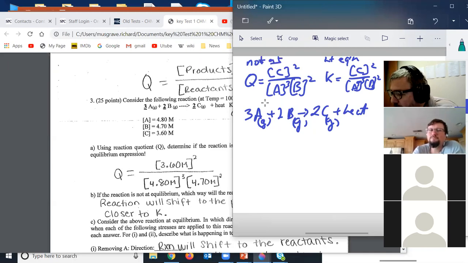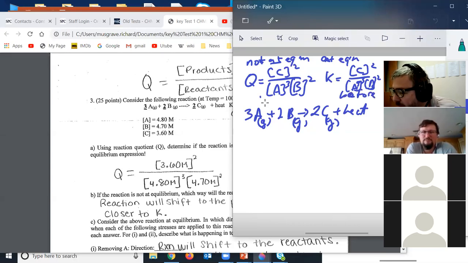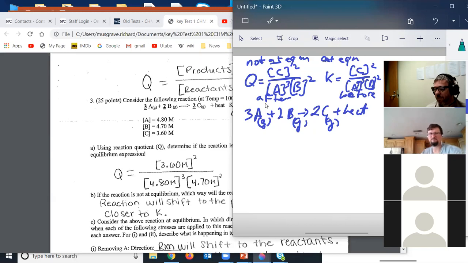This is after the stress has been applied. So this is before and this is after. So if we're taking A out, you can see what's going to happen is that the Q value is going to end up being bigger than K.